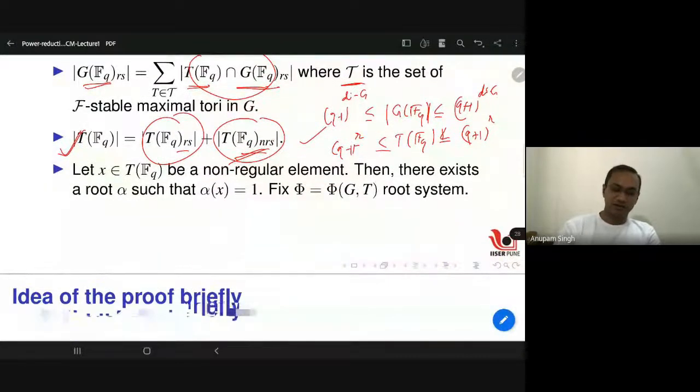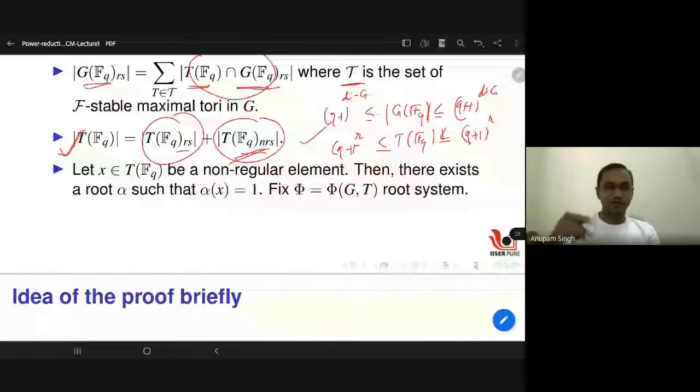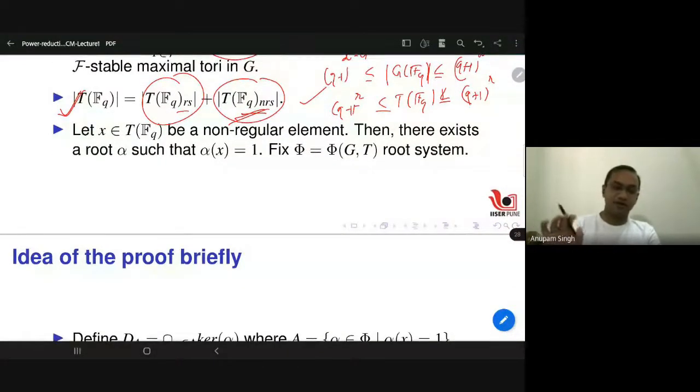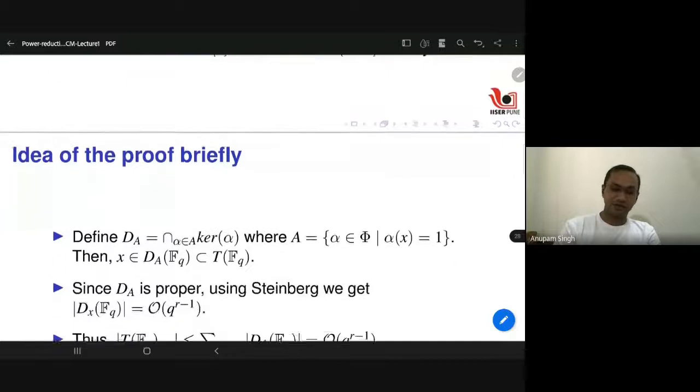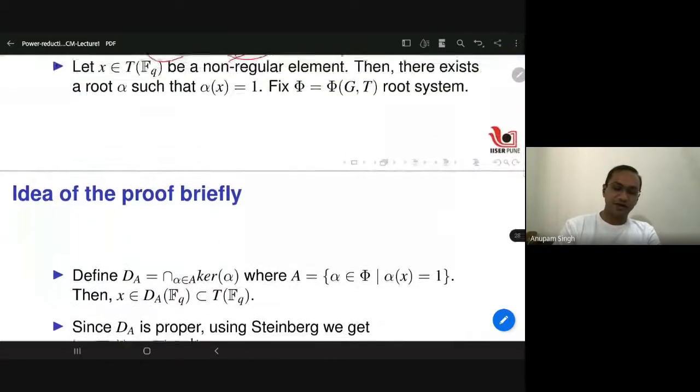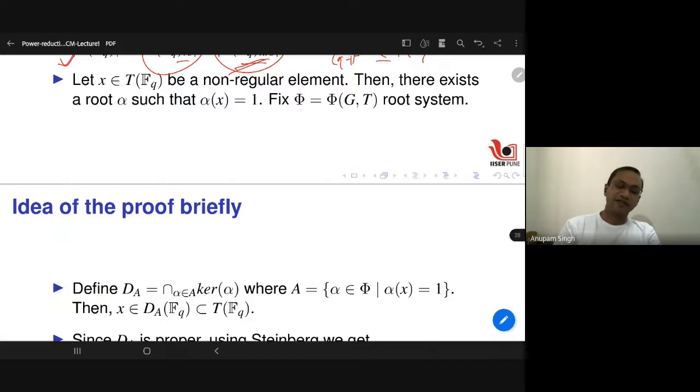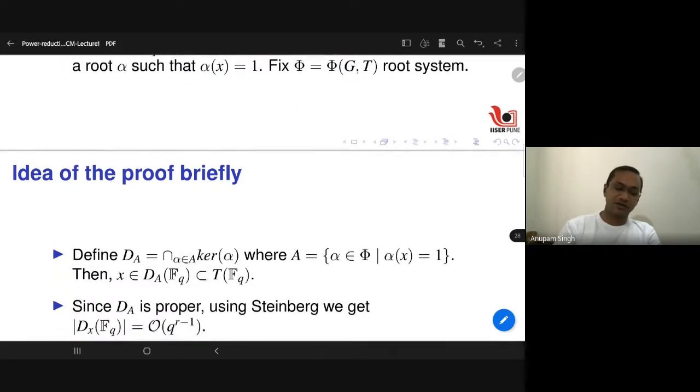I will use the result that Sripad proved: if I look at the roots with respect to a maximal torus, then alpha will always be non-trivial on a regular element. If it is not regular, that means there is at least one root which vanishes on it. So to obtain non-regular semi-simple elements, I can take subsets of the root system phi and find all possible kernels of those.